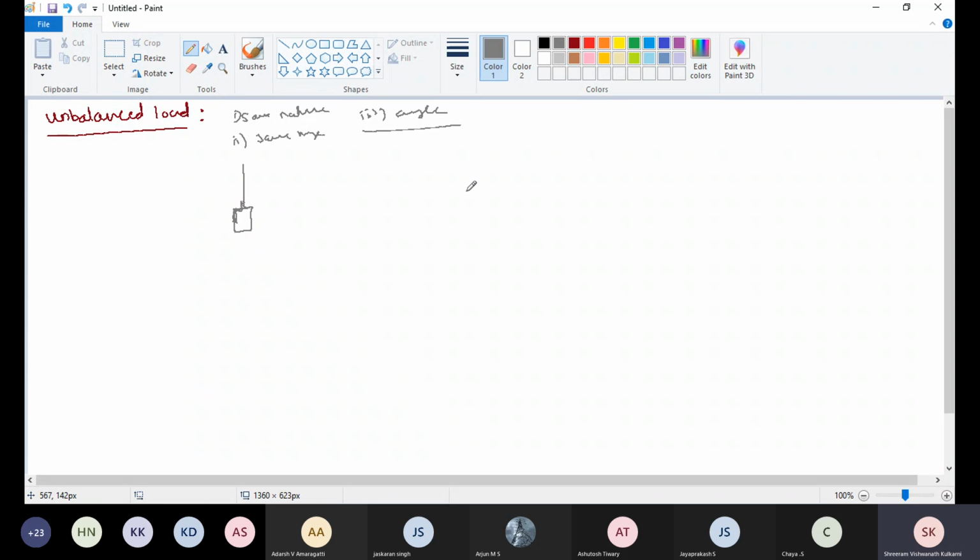Balanced load, in the sense what? The current flowing in all the three phases. If I'm going to connect the balanced three phase supply to the balanced star load or delta load, the voltage across the load as well as current flowing in each phase will be the same.